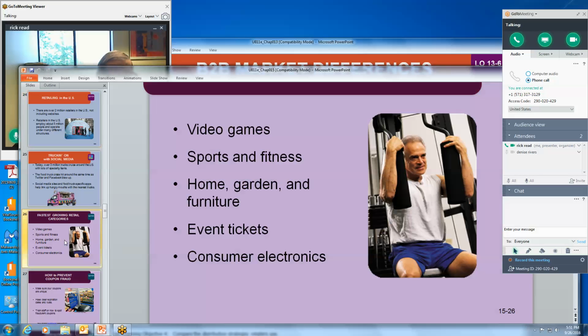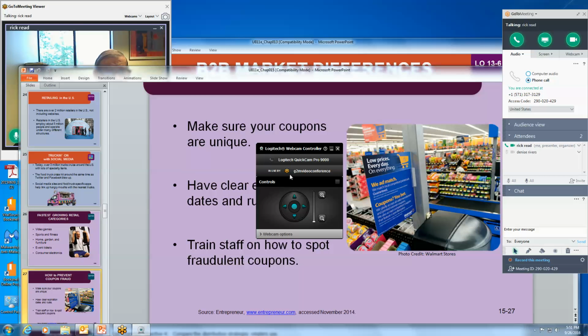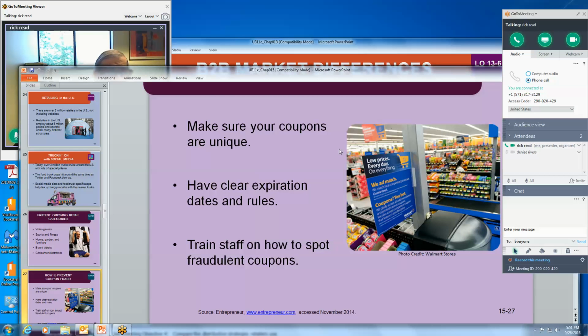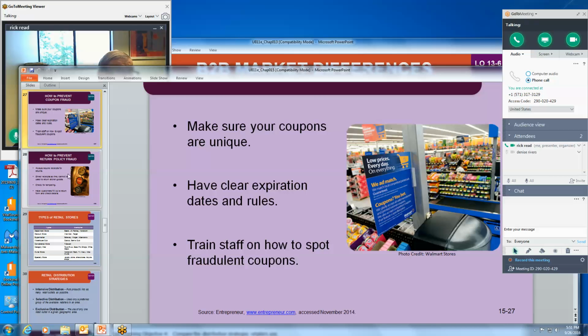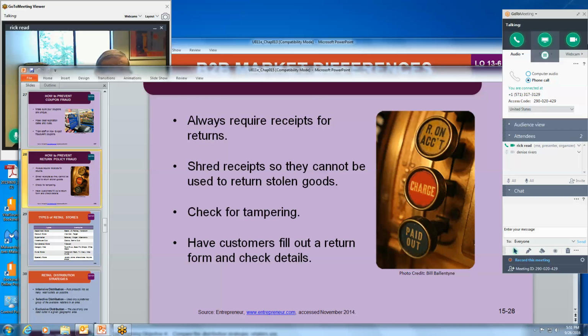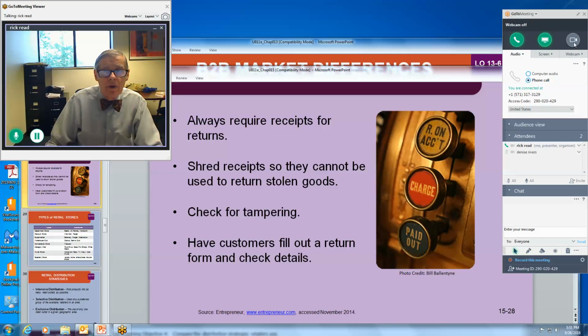Now this just gives fastest growing retailers by category. Something here about preventing coupon fraud. Not going to discuss that a whole lot. How to prevent return fraud: make sure you require a sales receipt. A look at tampering, etc.